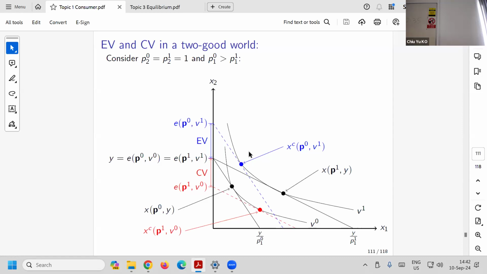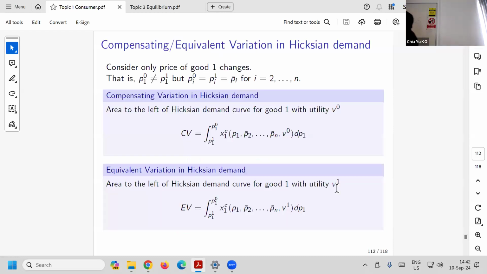Because these two can be different depending on shape. Now, how do we get that? It is basically based on Shephard's lemma, because you differentiate the expenditure function and it gives you the Hicksian demand, so we can integrate that.